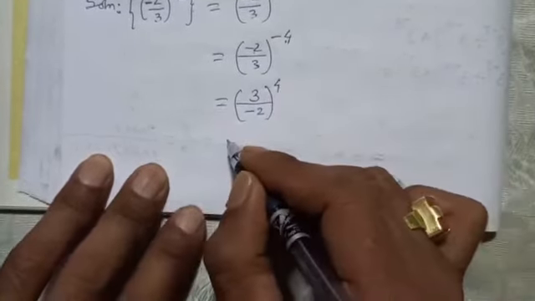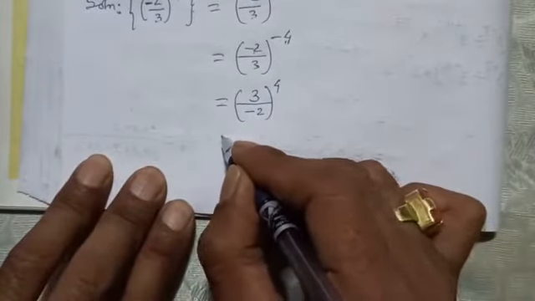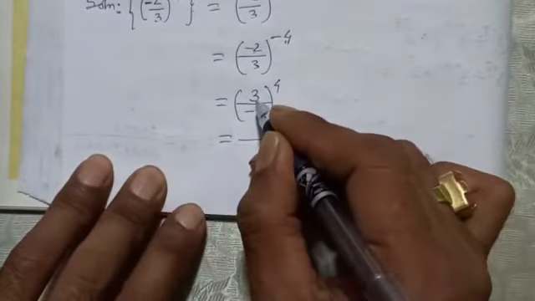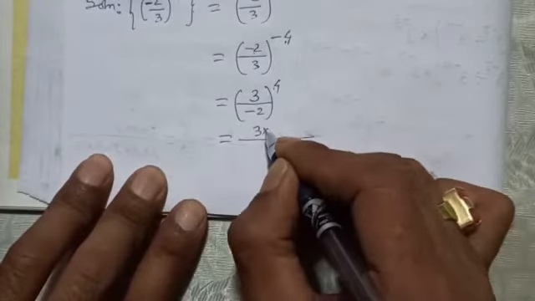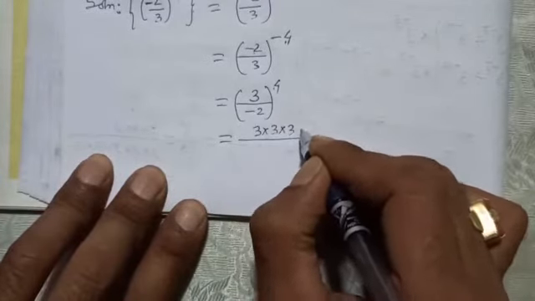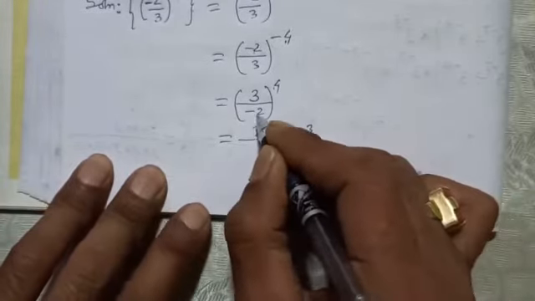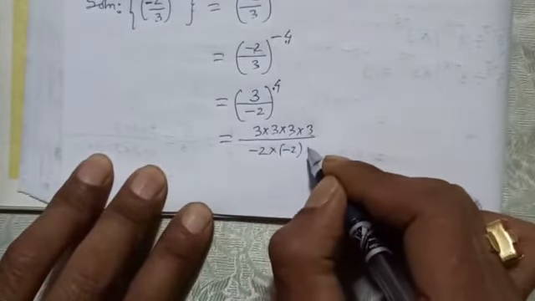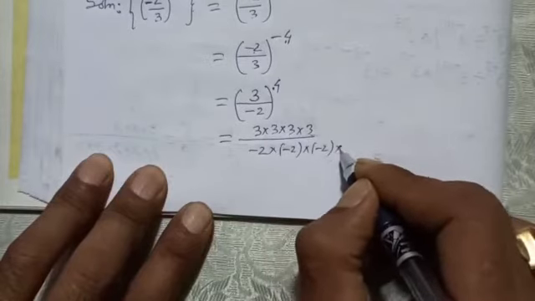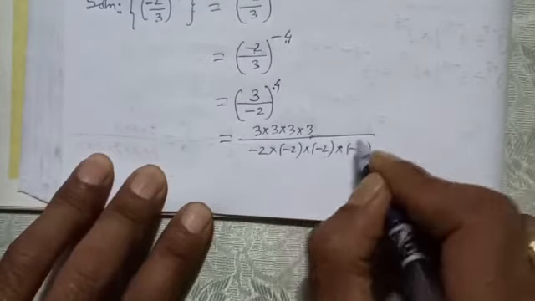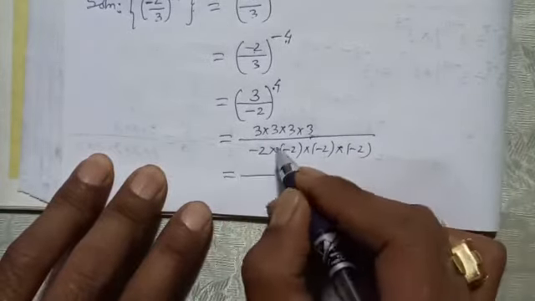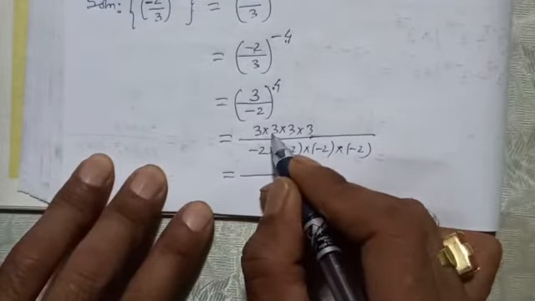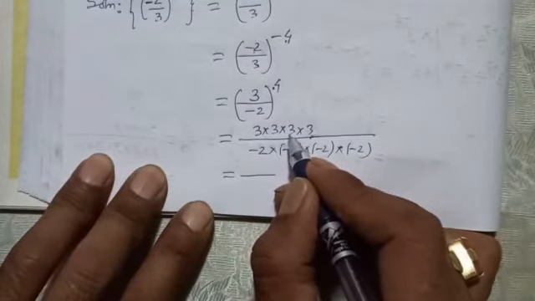Then next steps. 3 to the power 4 means 3 into 3 into 3 into 3. Minus 2 to the power 4 means minus 2 into minus 2 into minus 2 into minus 2. Now let us multiply this. 3 times 3 is 9, 9, 3 times is 27, 27, 3 times is 81.